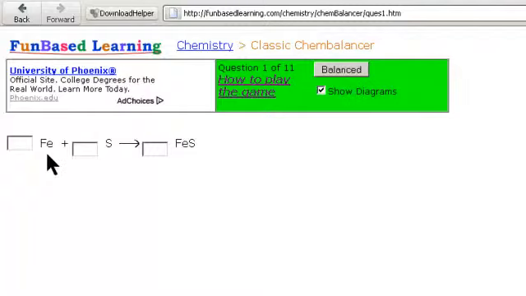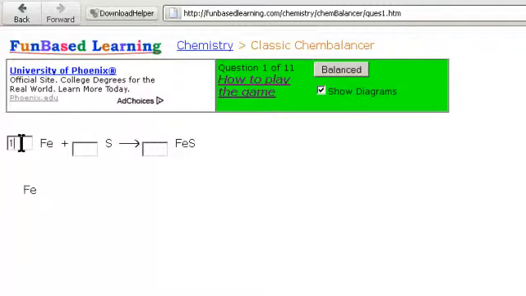On the reactant side, here we have iron and sulfur, and then yields, remember that's the arrow. On the right side of the arrow, you have the products. So you need to have the same number of them. It gives you a drop-down menu, and you write how many of each you need.